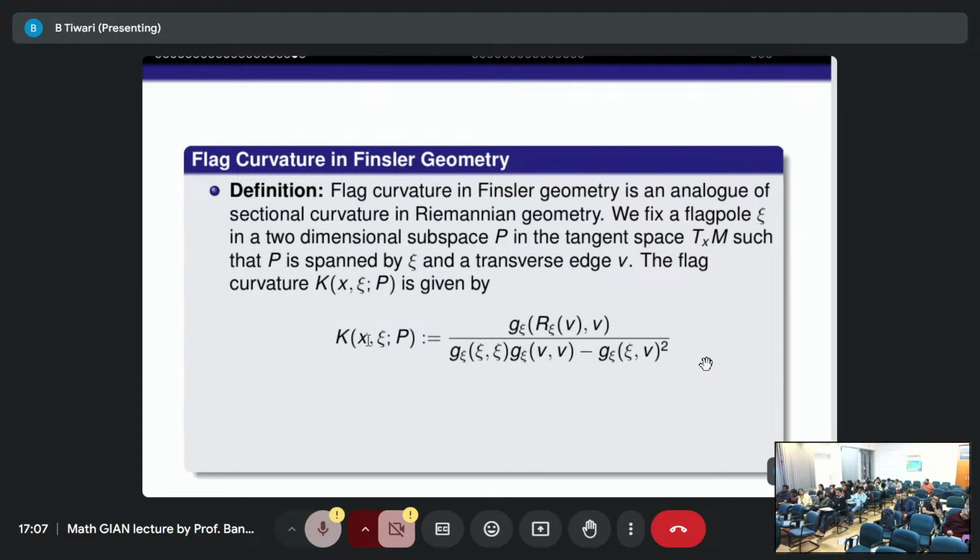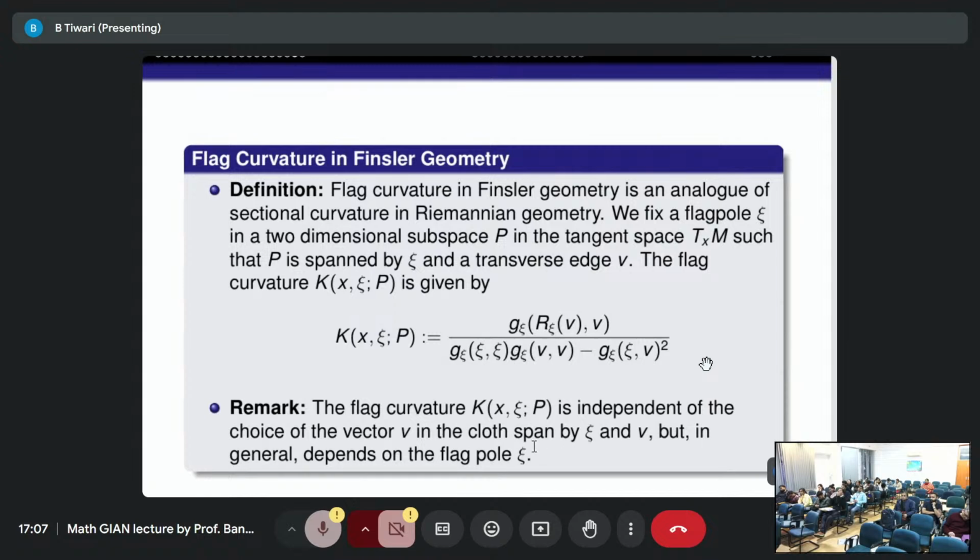It depends on the point, on the flag pole, and on the two-dimensional subspace P, but it does not depend on the transverse edge. You can take any transverse edge V, and it can be proved that it is independent of it. It depends on the point, the flag pole, and the cloth part of the flag, that is, the two-dimensional subspace. That is why it is called flag curvature.